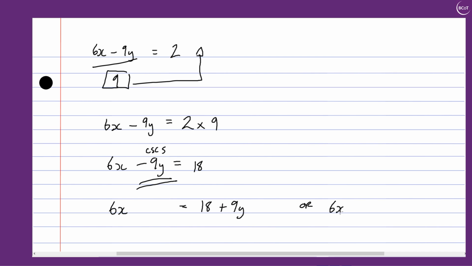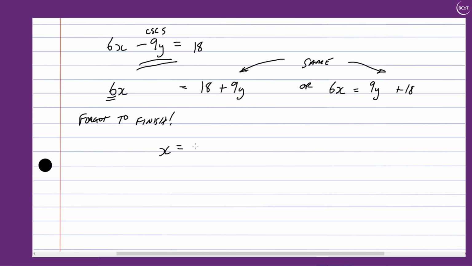Or you could write it as 6x equals 9y plus 18. They're the same thing. You can use either. Then we divide both sides by 6 to get what x is. I nearly forgot to finish. X is 18 plus 9y all over 6. Because we did a swap and drop of the 6.